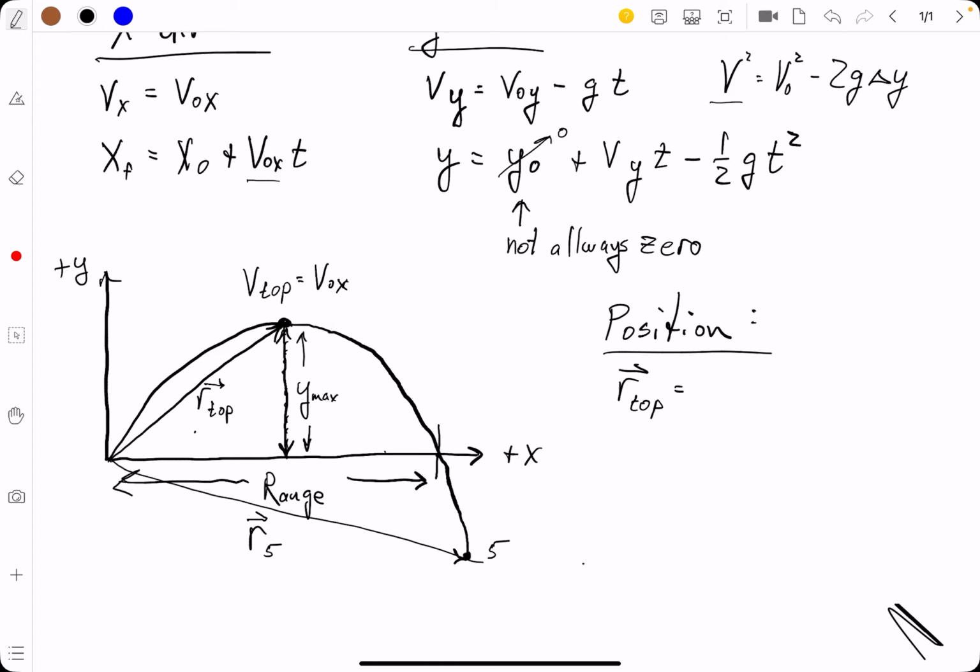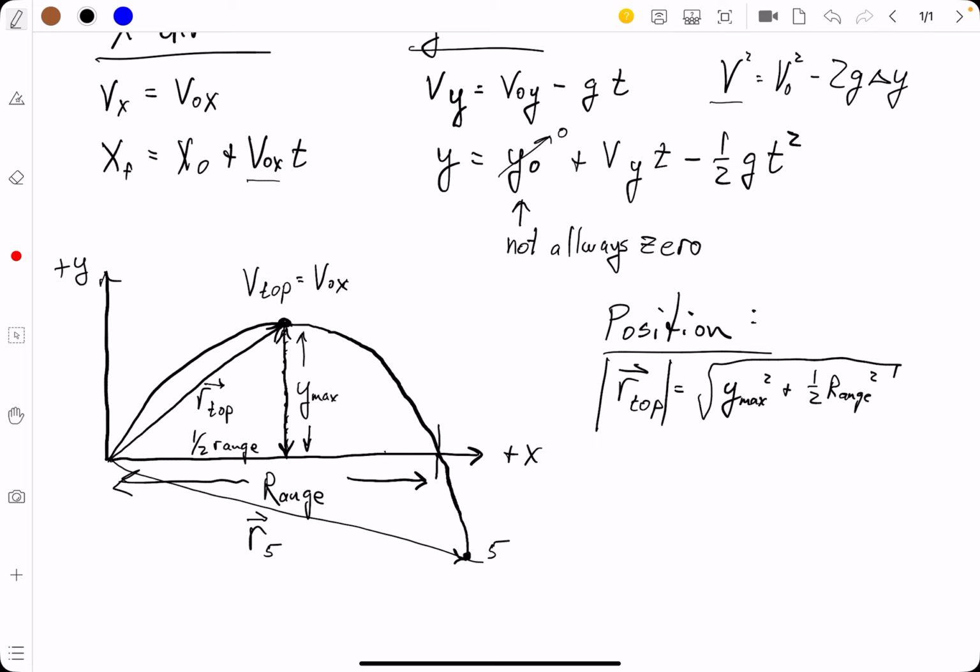That's going to be, this is half range in our x direction, and so we know that y max squared plus 1/2 range squared, if we take the square root, that's our position.